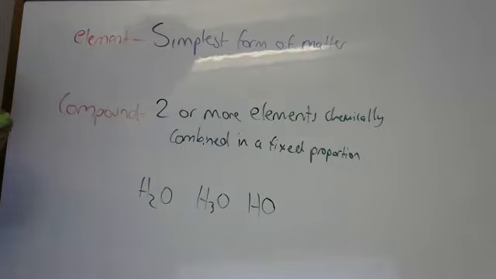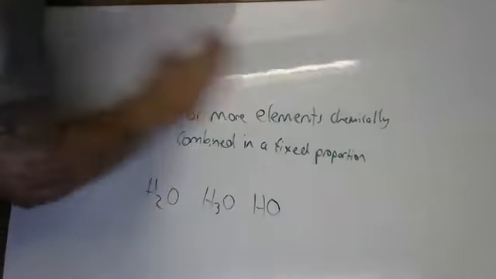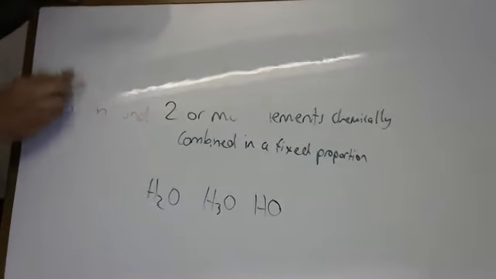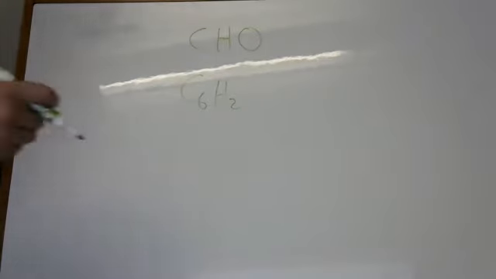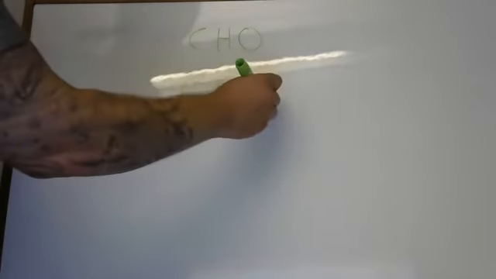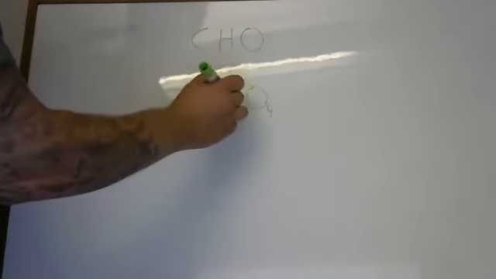So if we look at another example of this, sucrose is C12H22O11, something similar to that.